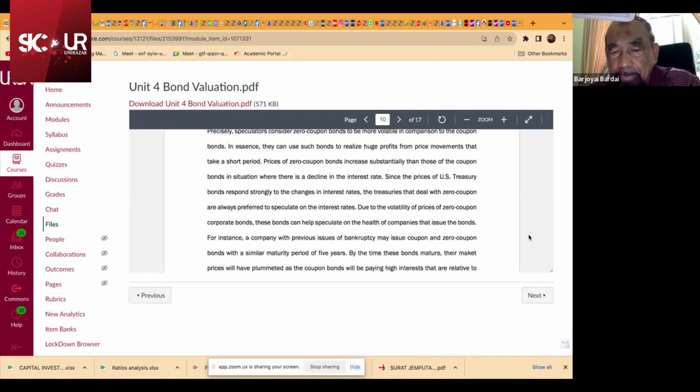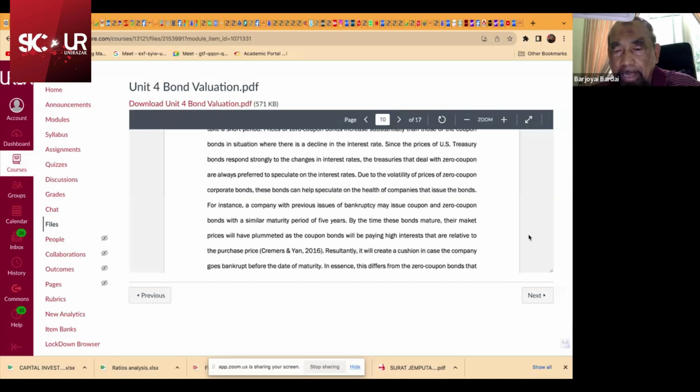So a company with a previous issue of bankruptcy may issue coupon and zero coupon bonds with a similar maturity period of 5 years. By the time this bond matures, their market price will have plummeted as the coupon bond will be paying higher interest relative to the purchase price.